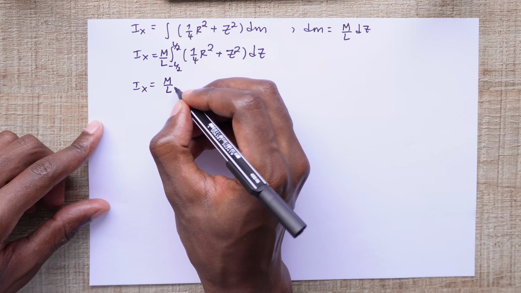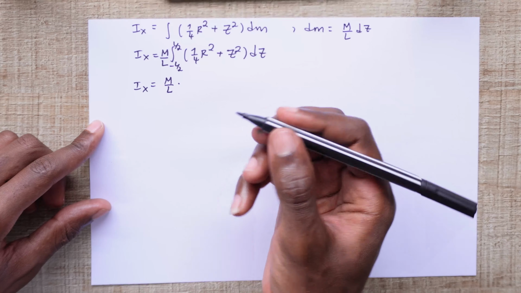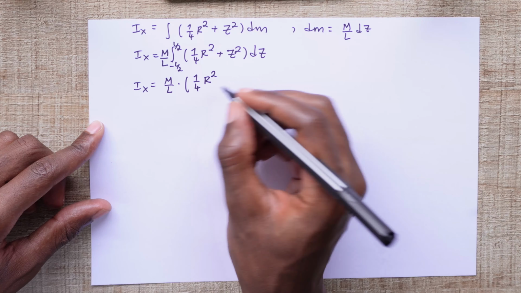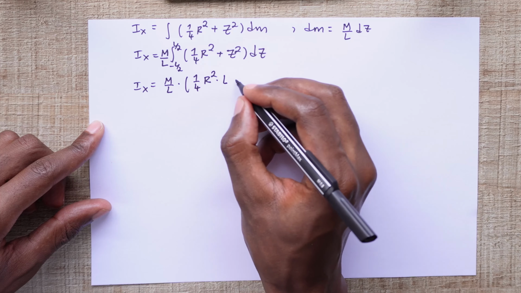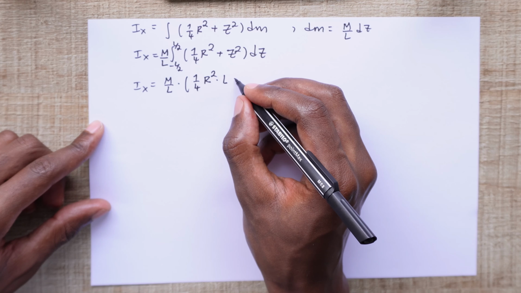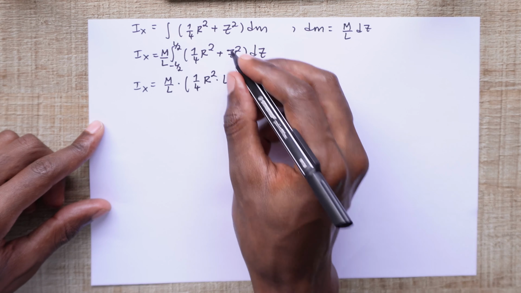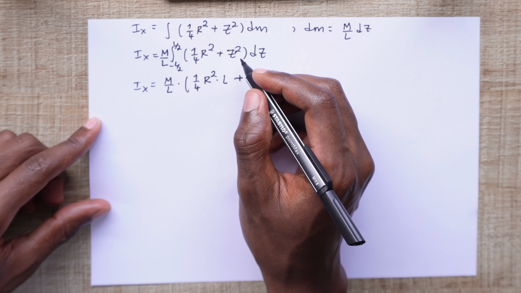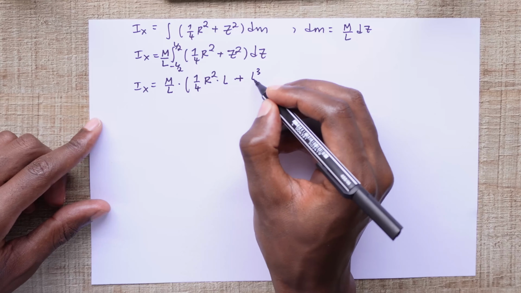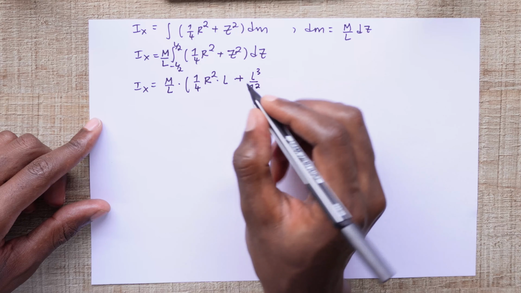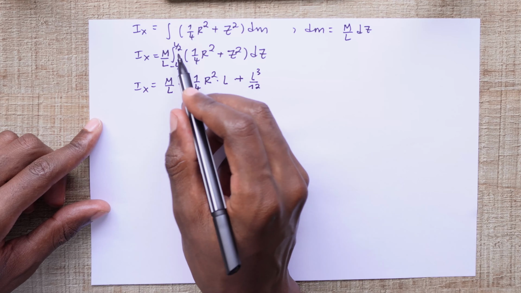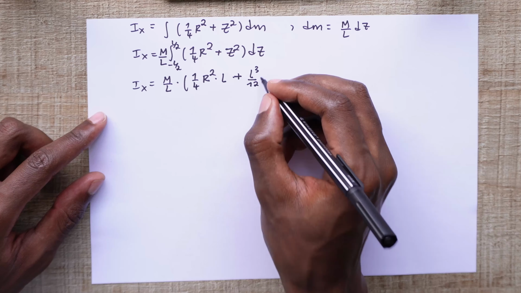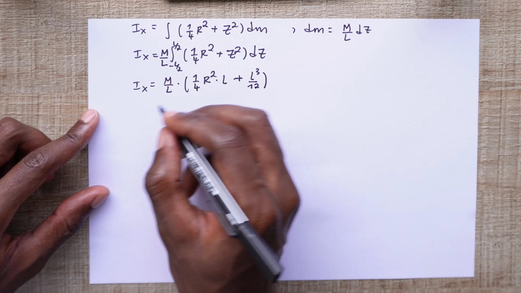So we have here M over L. I'll just write the result. That's a really straightforward integral. So r squared times L, plus L cubed over 12, because you have z cubed over 3, then you apply the bounds.